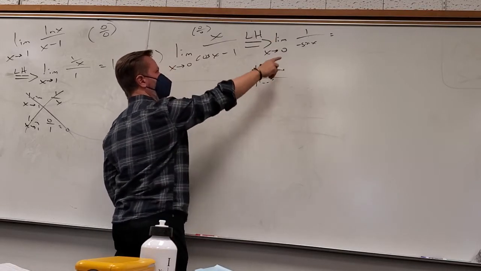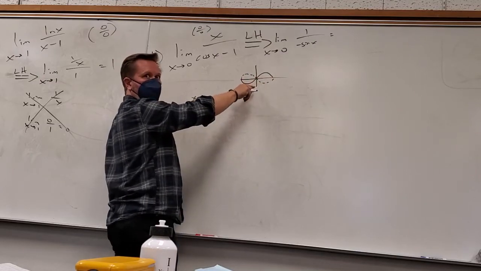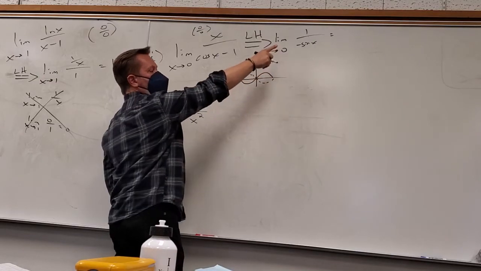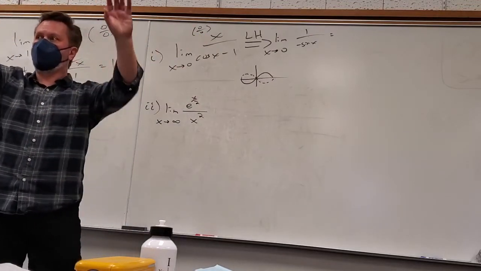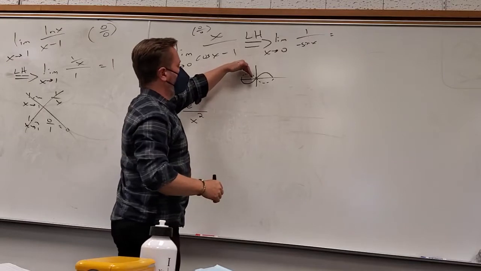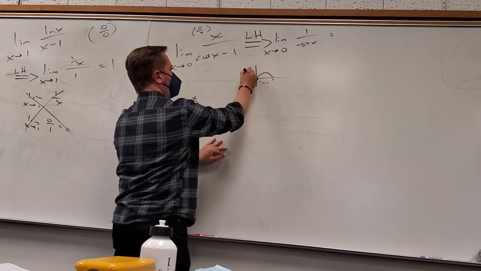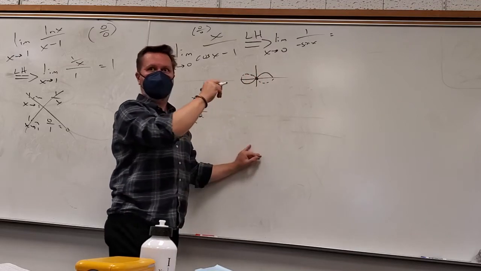What matters is if I approach 0 from this side, aren't all the values negative? So that would be negative infinity, right? 1 over 0, but all the inputs are negative. If I come in from this side, they're all positive.